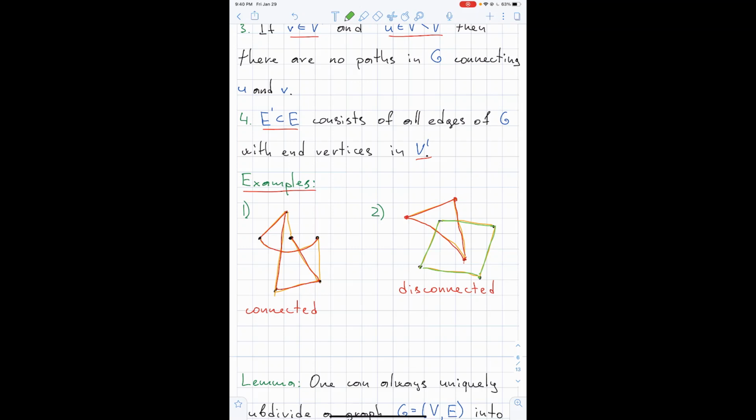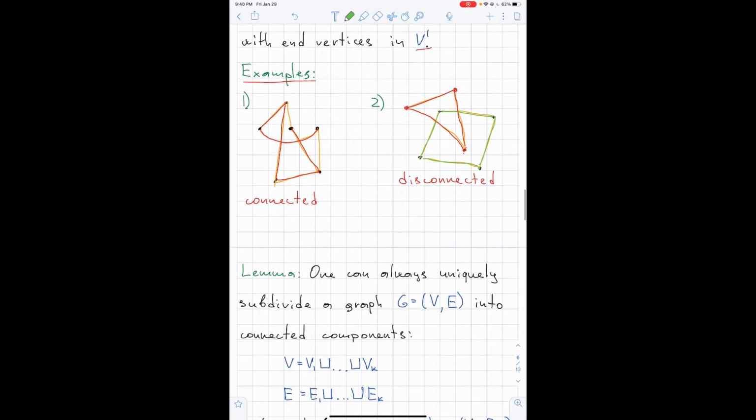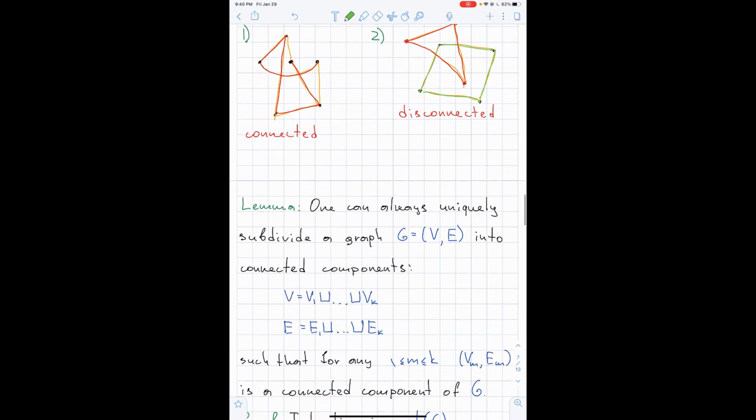The graph itself doesn't really know that there is this intersection of edges. So this intersection doesn't really mean anything for the graph. In particular, we cannot turn at this intersection. So this graph is disconnected and has two connected components.